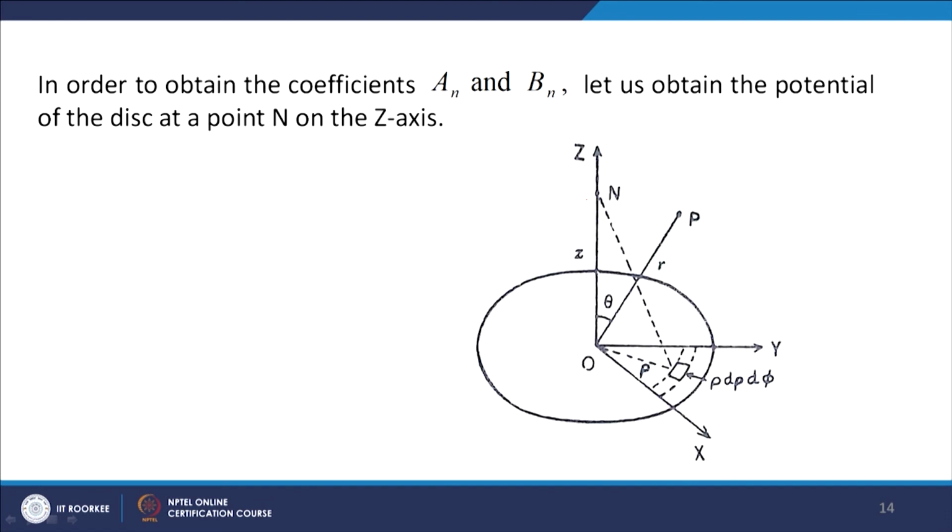So, for this what we do is we take a small element here at a distance rho from the center and making this angle phi. This element is rho d rho d phi.